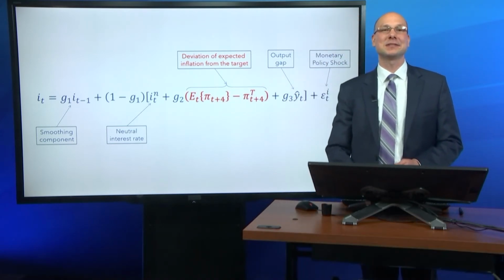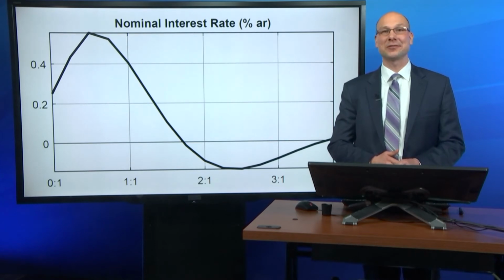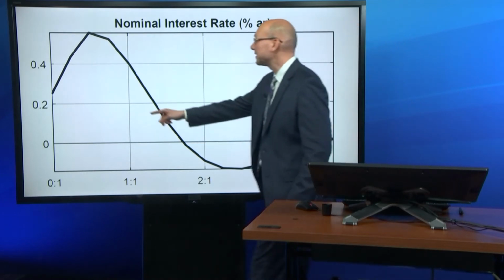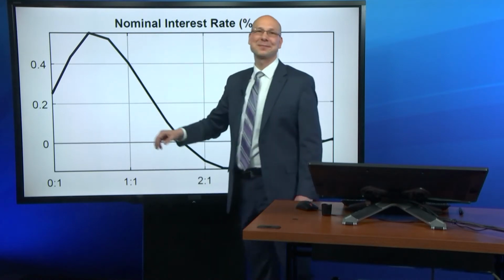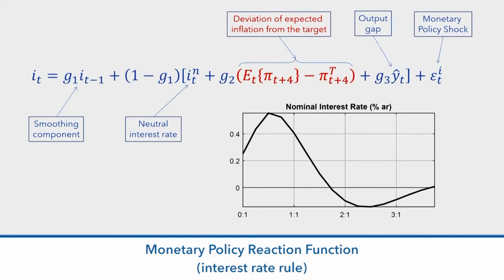In response to higher expected inflation, it will increase the interest rate above the neutral level. The increase will be gradual though, because central banks generally prefer incremental changes in the policy rate, which is captured by the smoothing parameter G1.